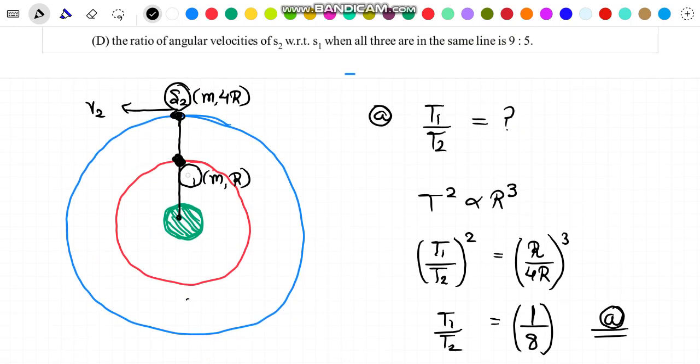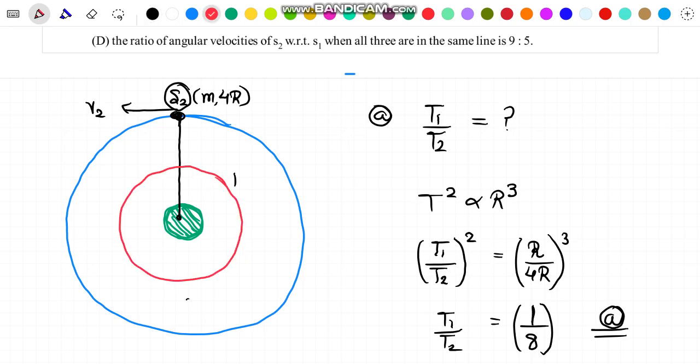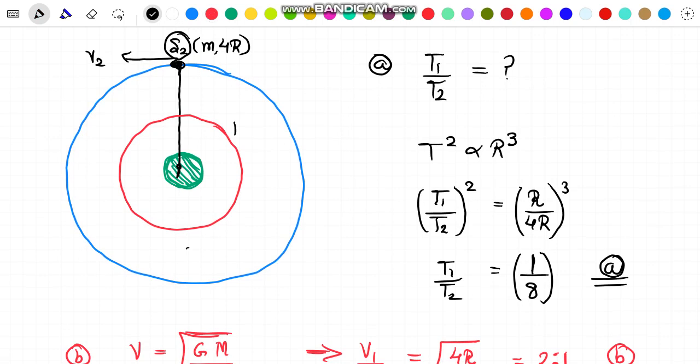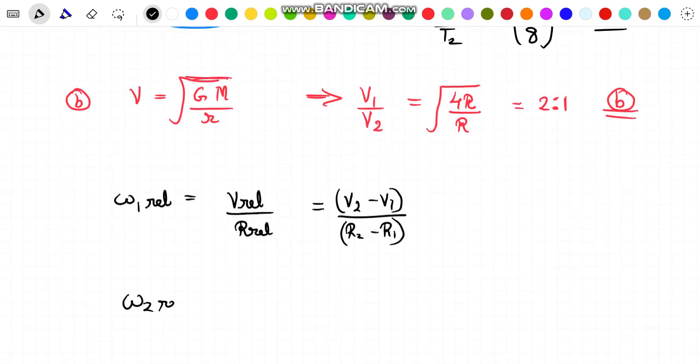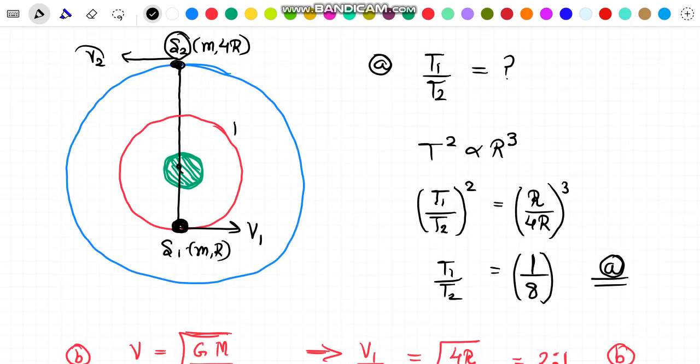Now for the second position, which is asked in the problem, when both the satellites are at diametrically opposite ends, we can write omega 2 relative will be equal to again v relative by r relative, but this time the relative speed will be equal to v2 plus v1 since both are moving in opposite directions.